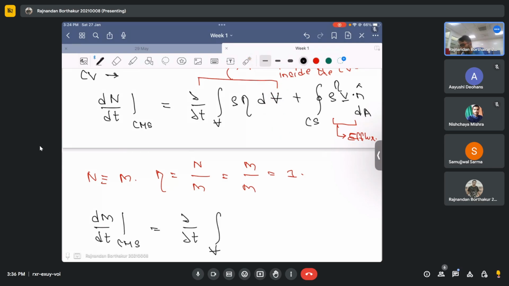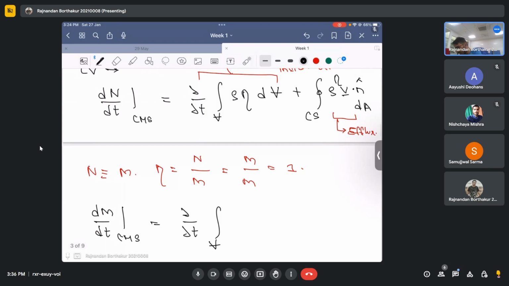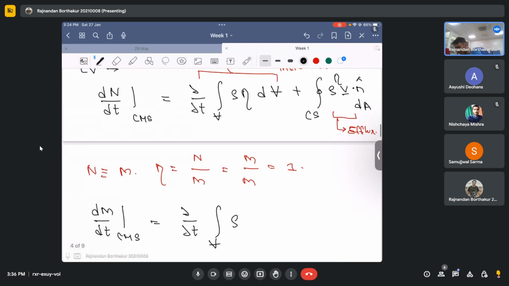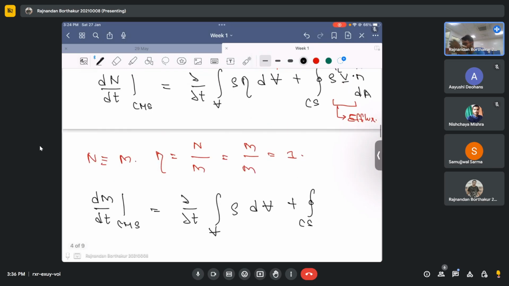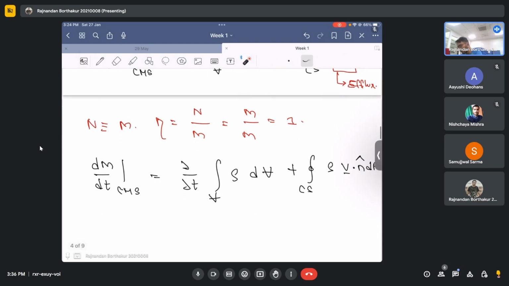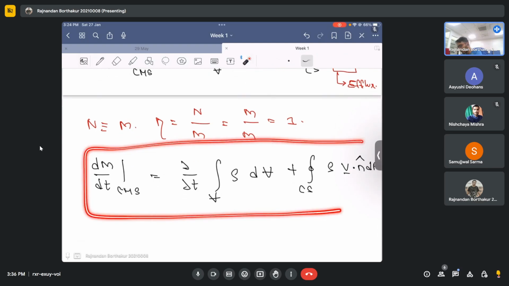So this term simplifies to rho times dV, plus the control surface integral, CS meaning an integration over the control surface, which becomes rho v dot n cap dA. So this is basically the Reynolds transport theorem applied for mass conservation.